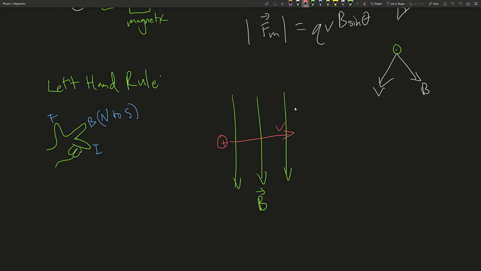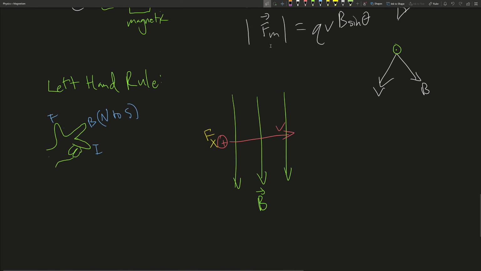Then you see that if you orient the left pointer finger downwards to match the magnetic field, and you orient your middle finger I or V in the direction of the velocity of this positive particle, then your thumb ends up pointing into the page. So the force on this is then into the page, or into the plane.